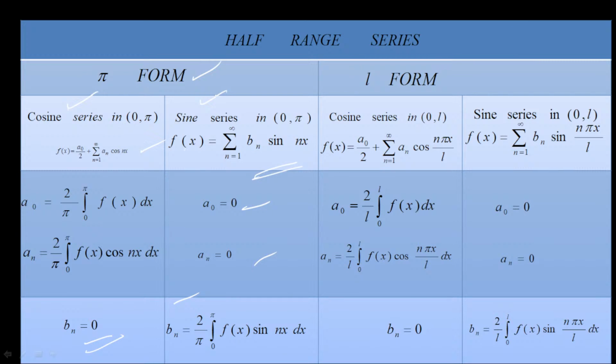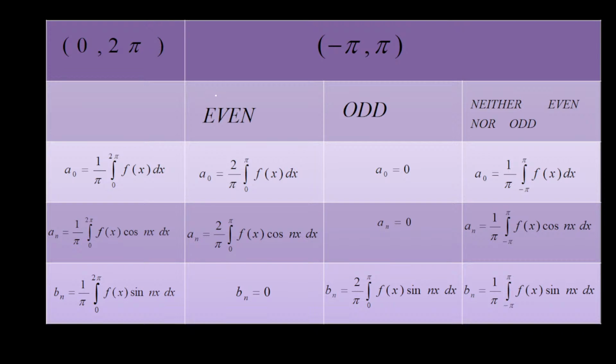Let me show you the formula table for minus pi comma pi. Under minus pi comma pi, we have already discussed these cases. We have even, odd, and neither even nor odd. The even function is our cosine series. If it is even, it consists of a naught and an, so your f of x is equal to a naught by 2 plus sigma n varies from 1 to infinity an cos nx.